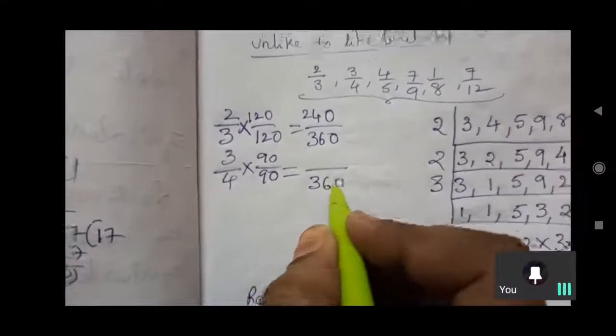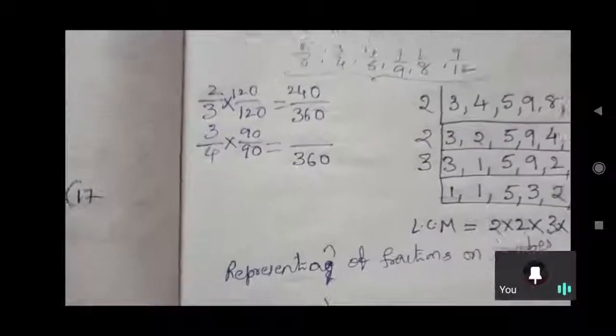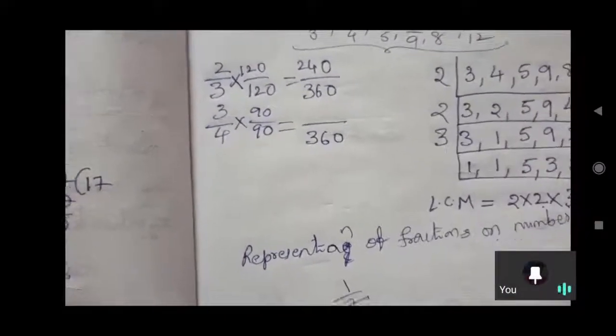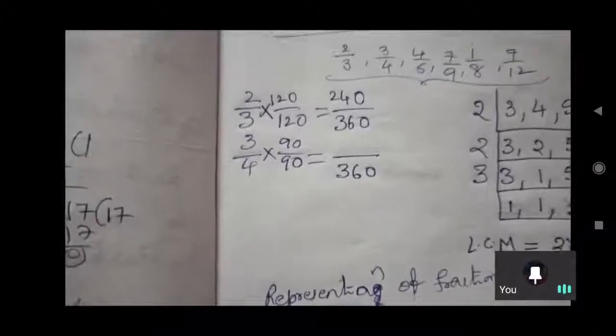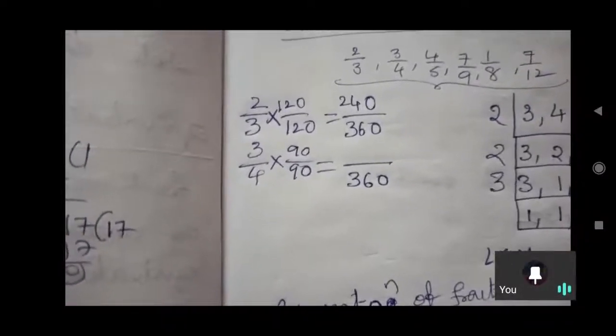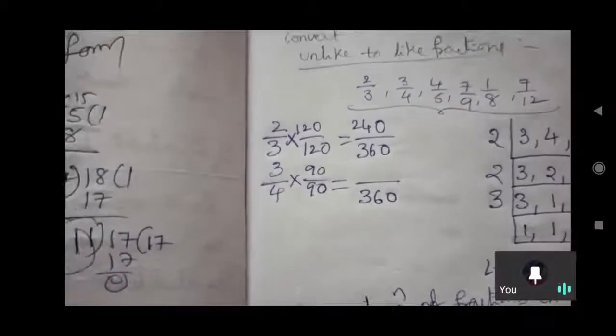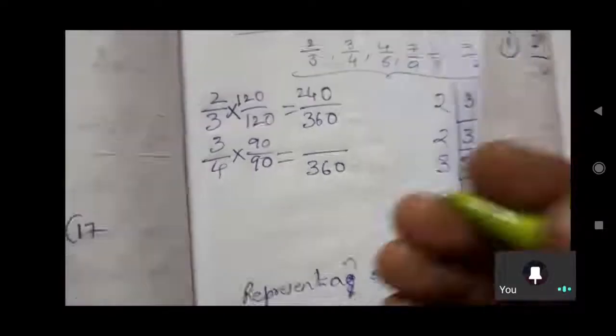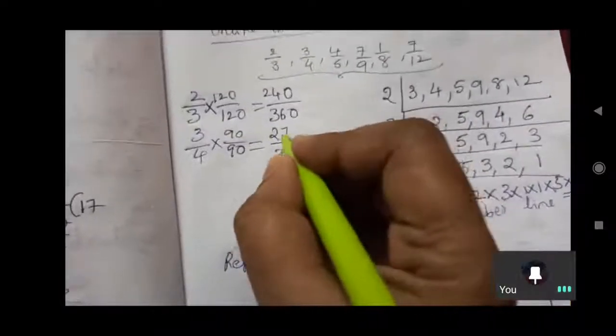So we need to make the denominator 360 by multiplying numerator and denominator with the same number. So if we multiply like this, no change. Numerator and denominator with the same number, there is no change. So 9 threes are 27, 270.